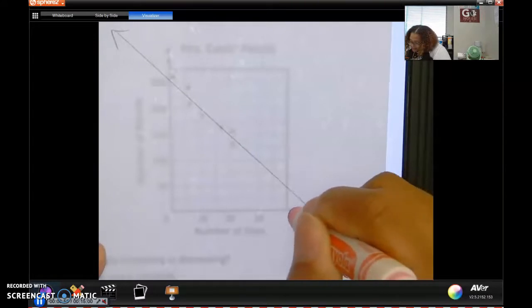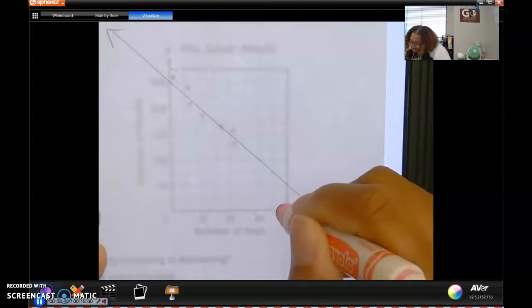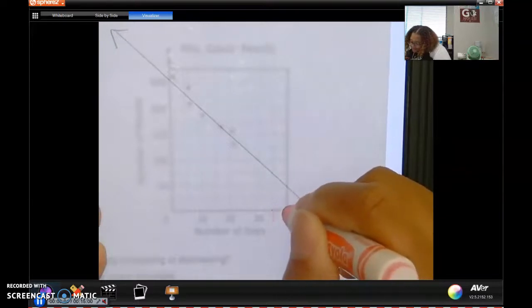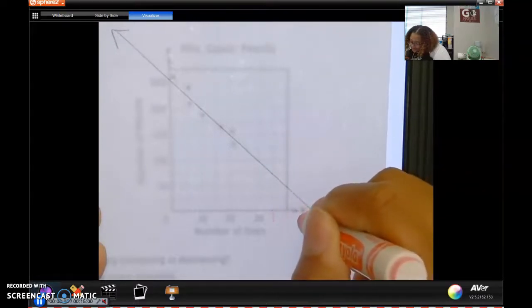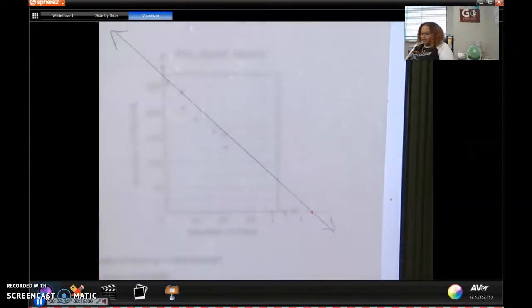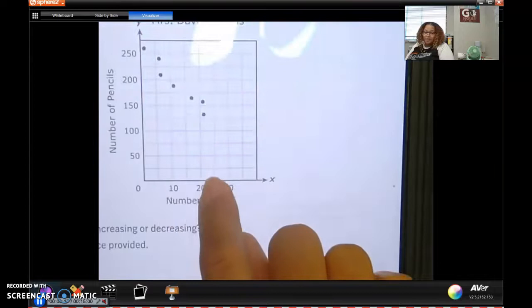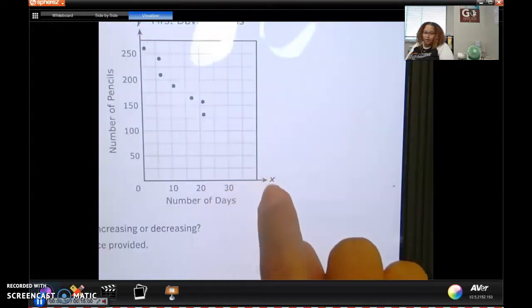That means I need to extend this a little bit more. This is 35. This is 40. And then we've got 2 more spaces to go there. And remember, they're skip counting by 5. So this is 5, 10, 15, 20, 25, 30, 35, 40, and so on.